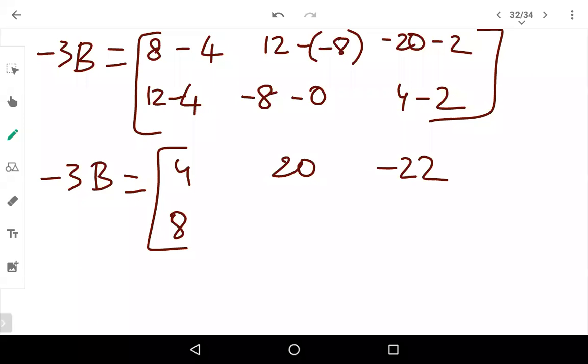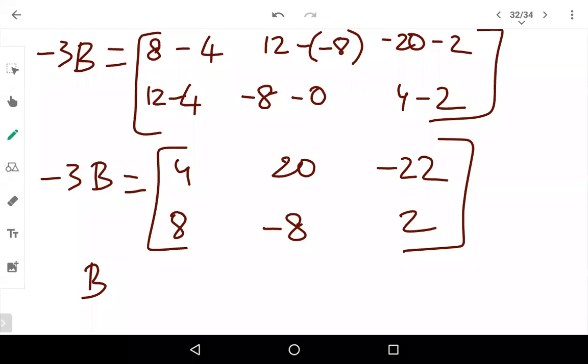Minus 8 minus 0 is minus 8. 4 minus 2 is 2. So this is the value that I get for minus 3B. Any doubts until here, first of all? Minus 3B.